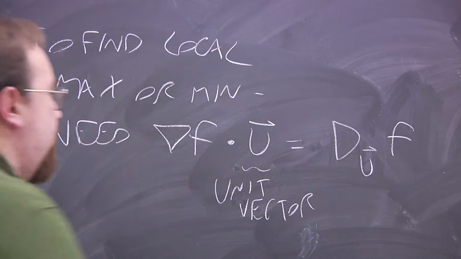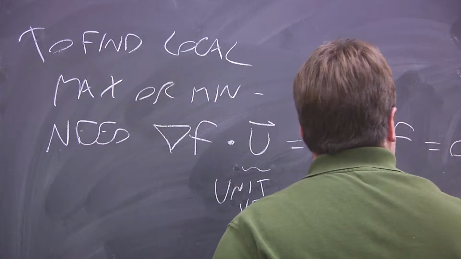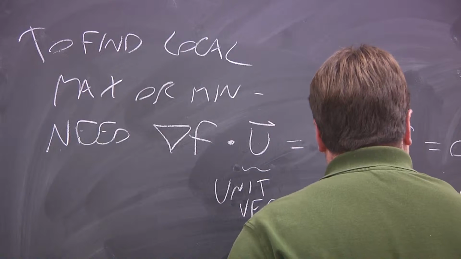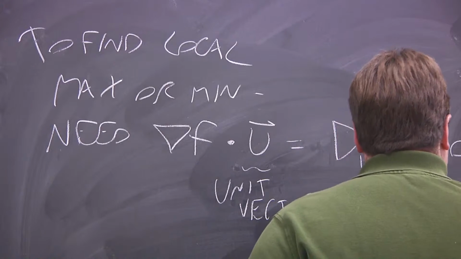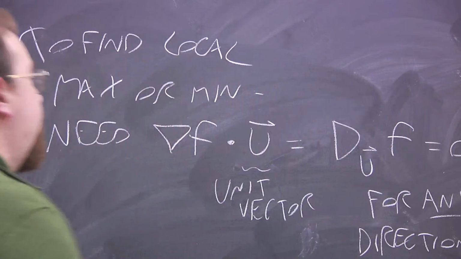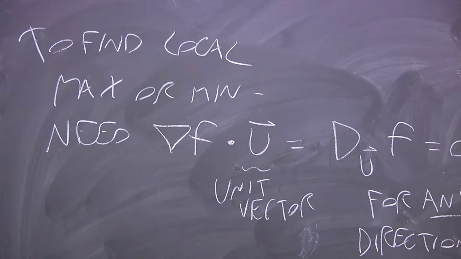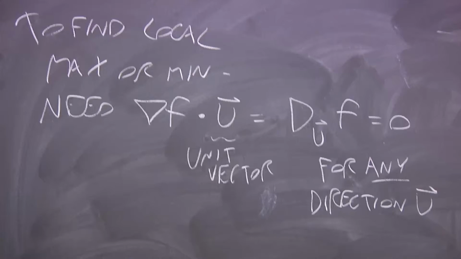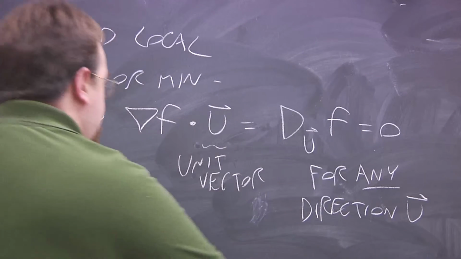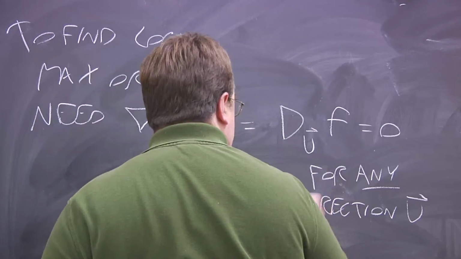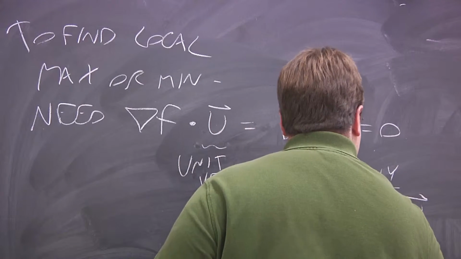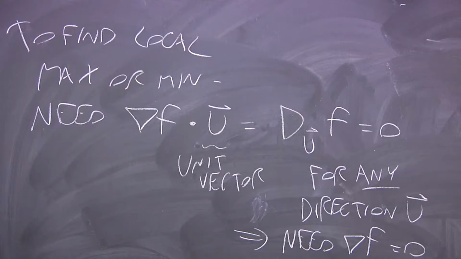We need this to be 0 for any direction u in order for there to be a max or a min. So that's the take-home message from the multivariable Taylor series expansion I was doing earlier. The only way to make sure of that is you need the gradient to be 0 at that point.